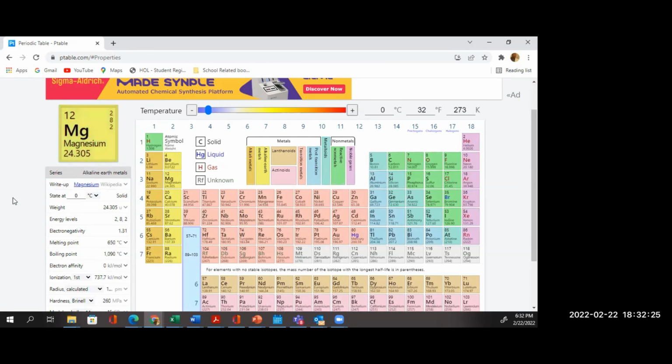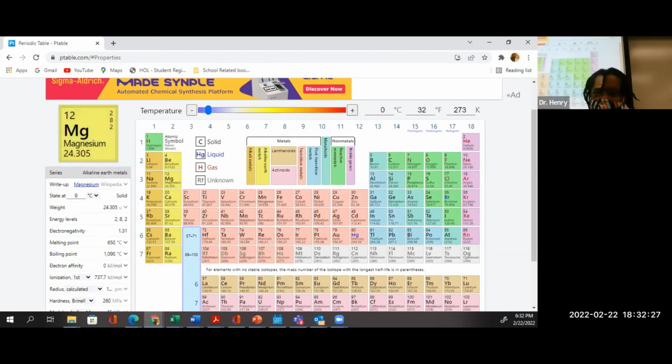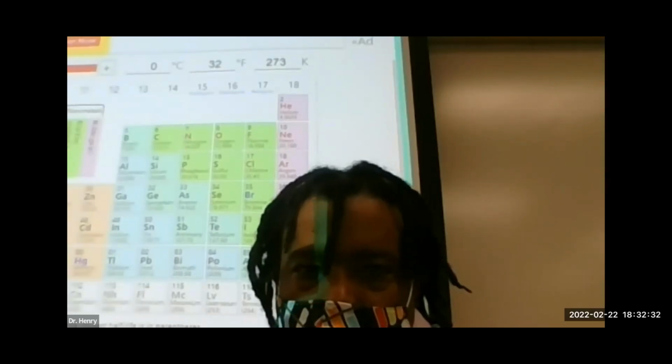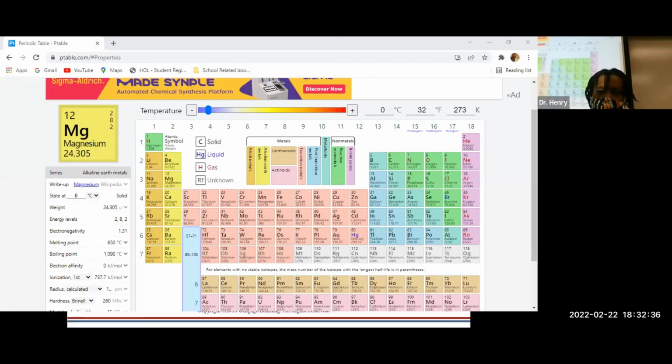Okay, so everybody got their periodic table out? Okay, so group 1 and group 2 are going to represent that S sublevel.